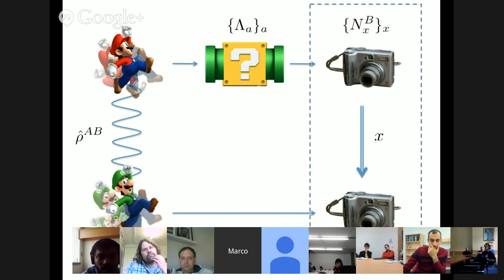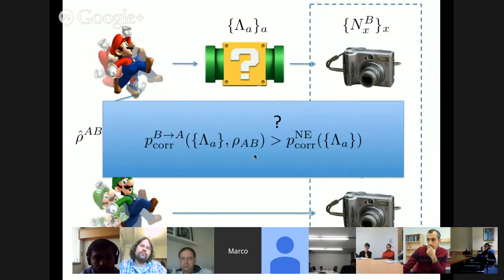So overall, this procedure corresponds to a one-way LOCC measurement, that means a one-way POVM realizing this measurement, again with a label B that indicates our guess for the subchannel.